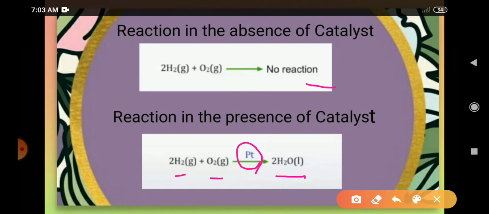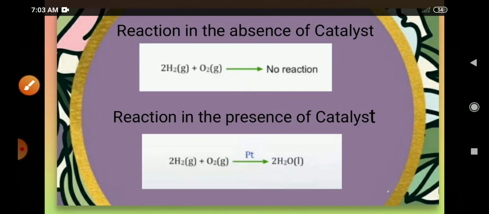So this reaction is only possible because of the catalyst here, that is platinum. So we can conclude that the reaction is taking place or is accelerated by the catalyst. That is the activity of a catalyst.